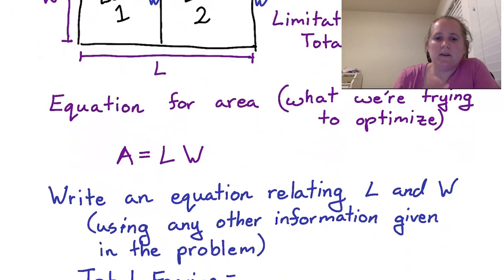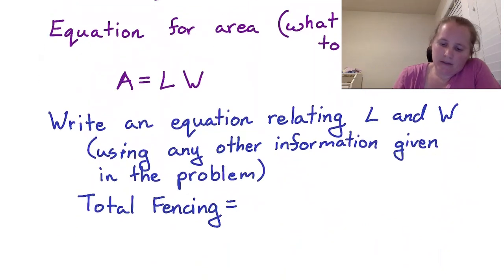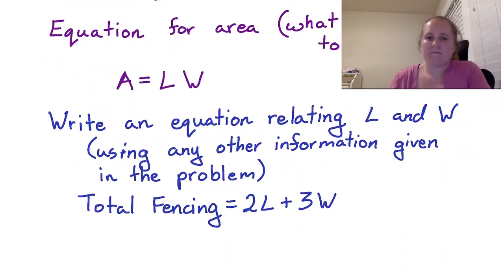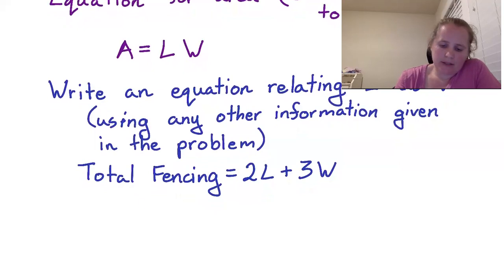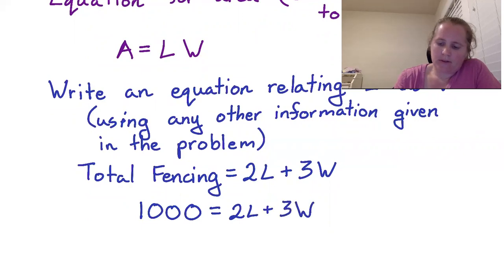So total fencing, we have 2 lengths and 3 widths. And we also know that total fencing is 1,000 feet. So we have 1,000 feet is equal to 2L plus 3W.